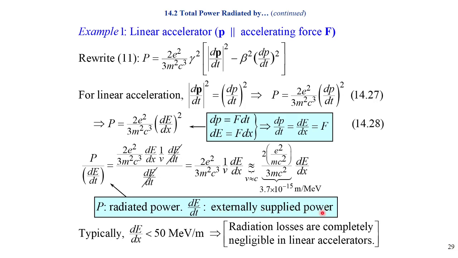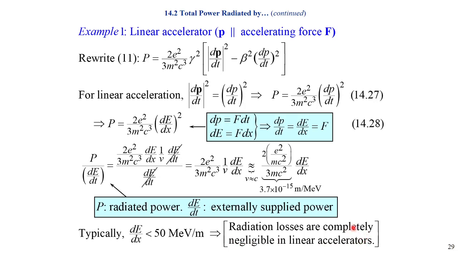Externally supplied power. Okay, so this one is 2e squared over 3mc squared, just shown here, times dE/dx. This one is very small. If we accelerate the particle, the radiated power is actually very small. Radiation losses are completely negligible in linear accelerators.